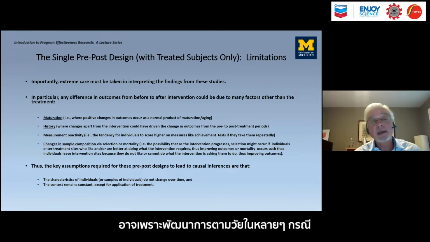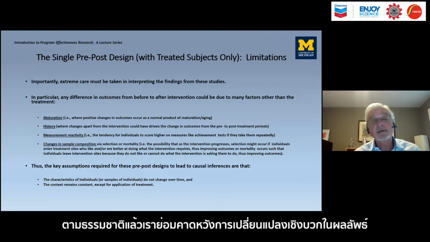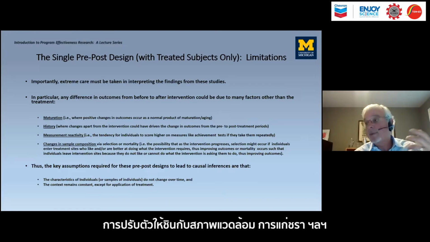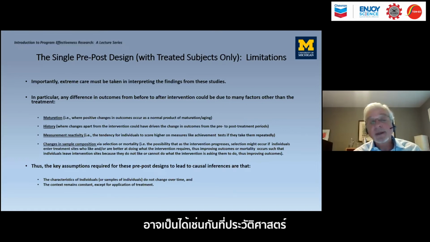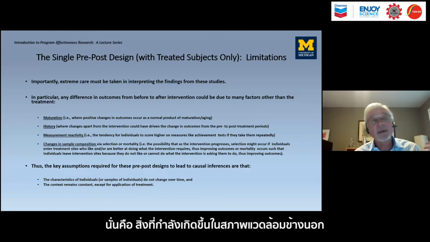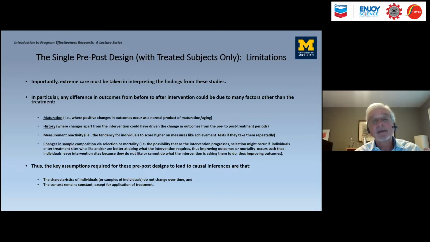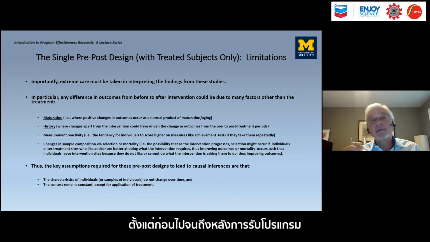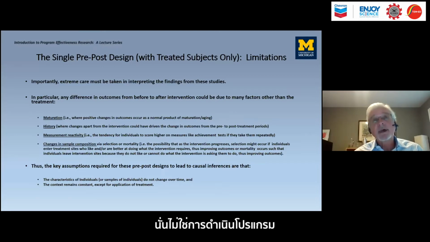That is, in many instances, we naturally expect positive changes in the outcomes as a normal product of the passage of time, maturation, aging, and so on. It could be the case as well that history accounts for changes in the intervention. That is, something is happening in the outside environment that could have driven the change in outcomes from pre to post treatment that was not the intervention.